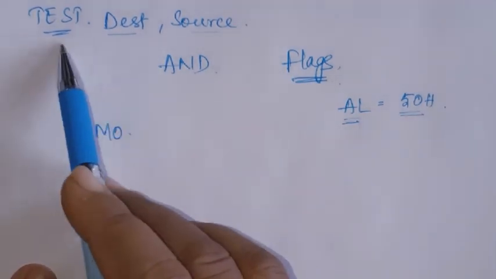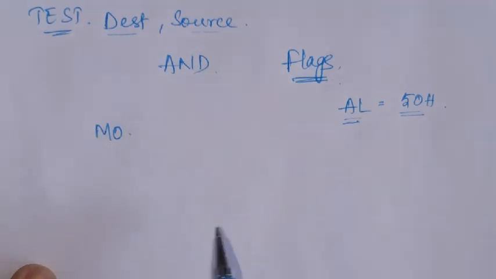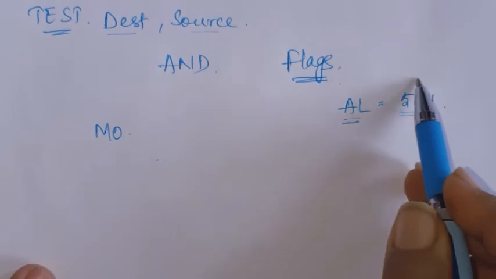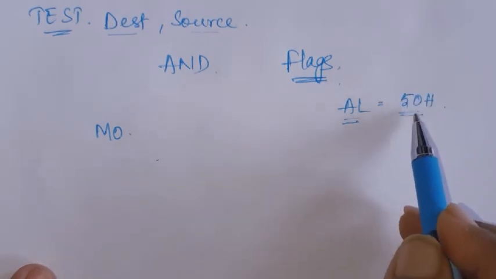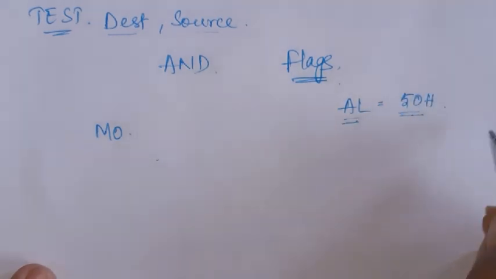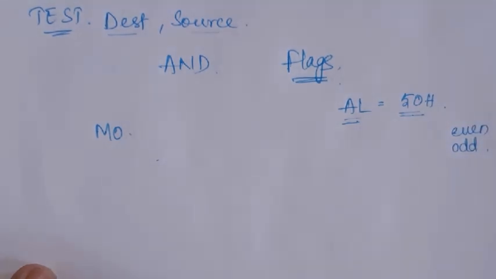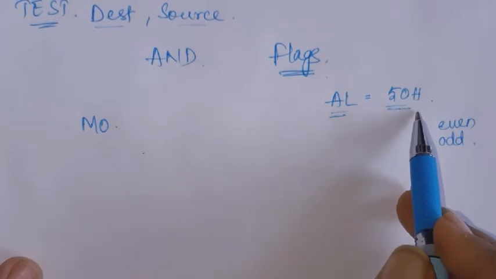This is an example to show how the test instruction is used. If I want to test whether the number present in the AL register is an even number or an odd number, how can I check?